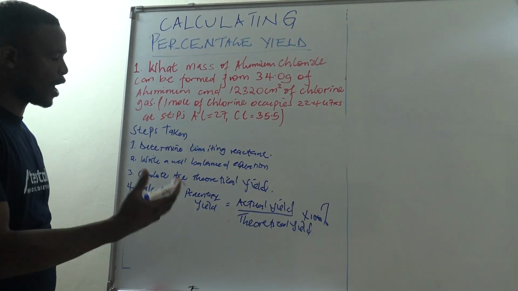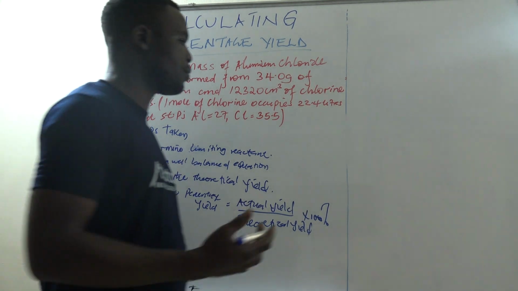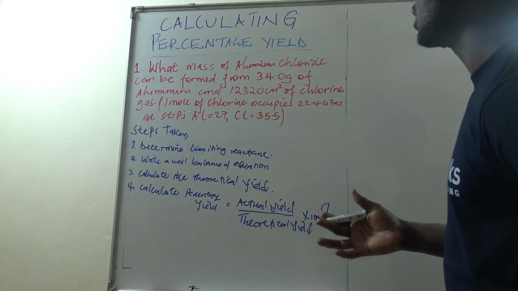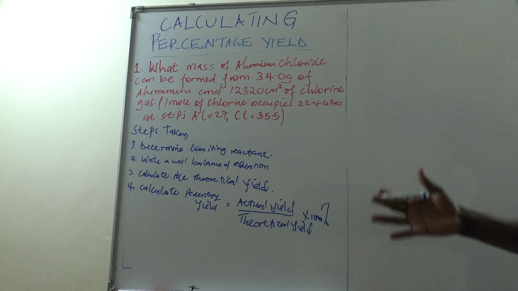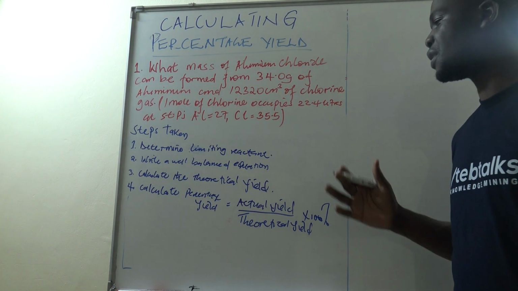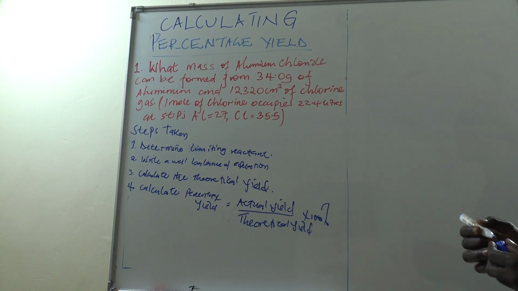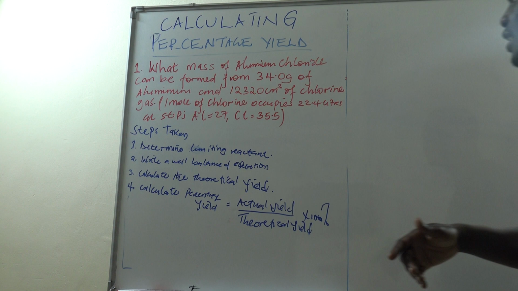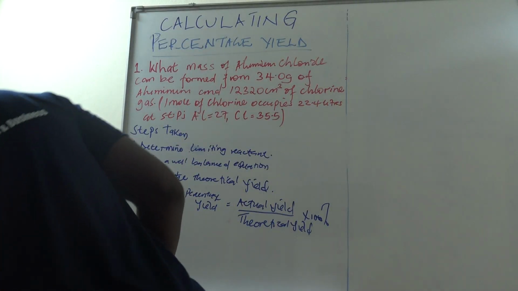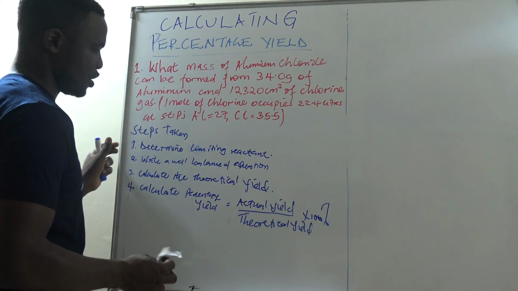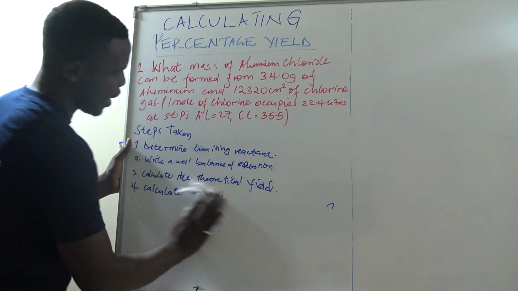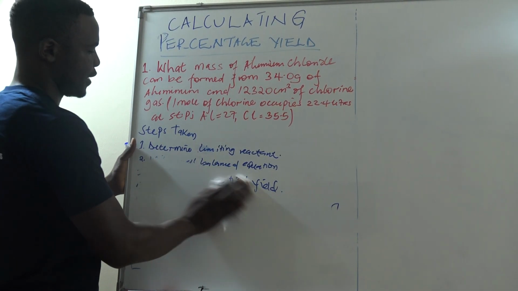So these are the steps that you must follow if you should calculate the percentage yield of anything accurately. So let's try to calculate our percentage yield by taking the steps that we have listed here.